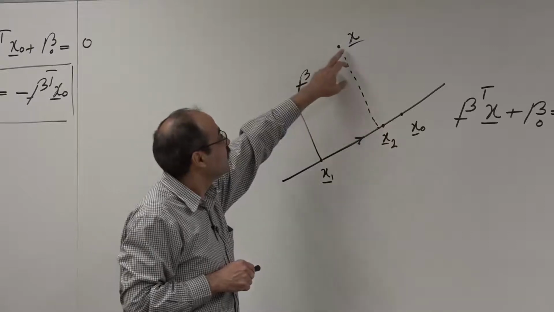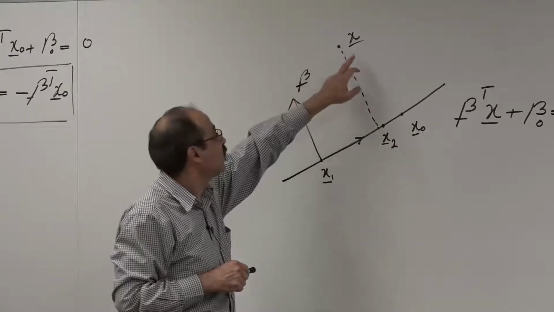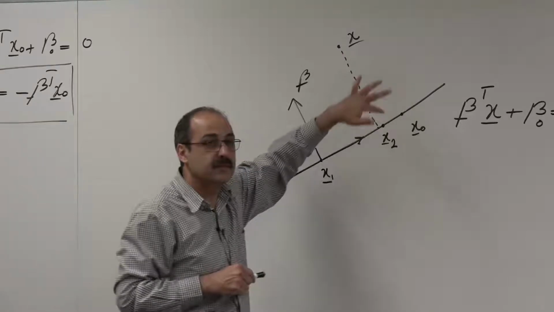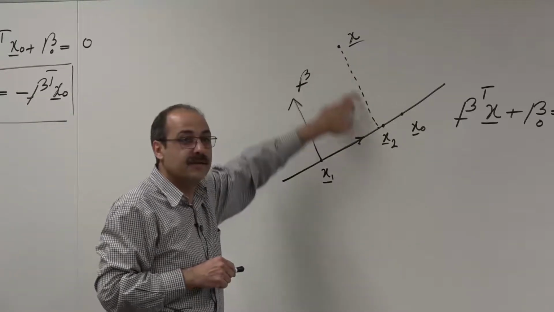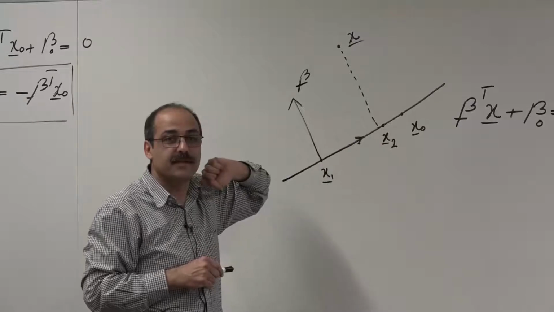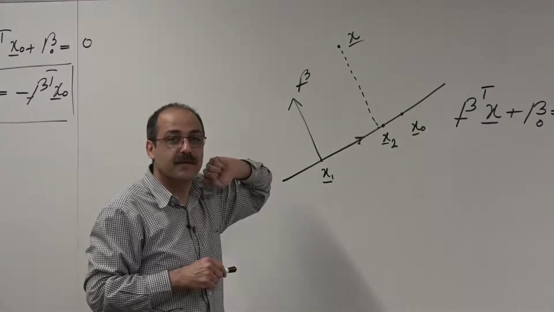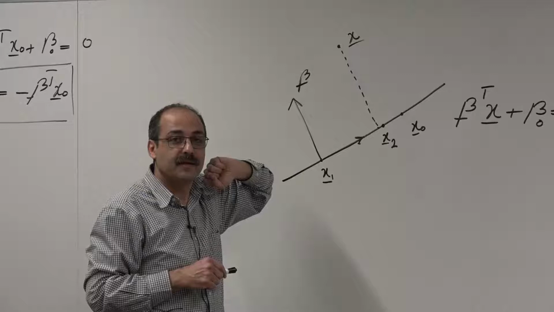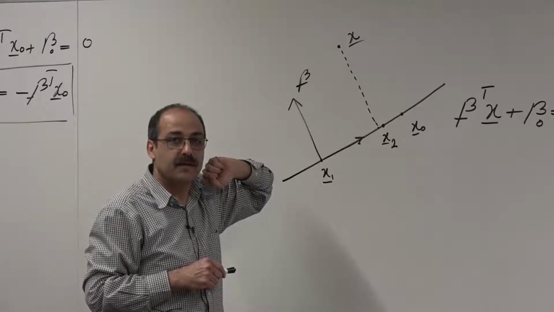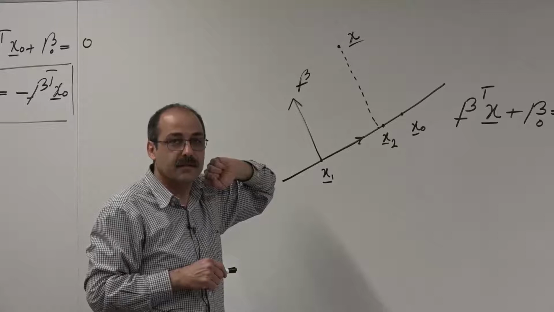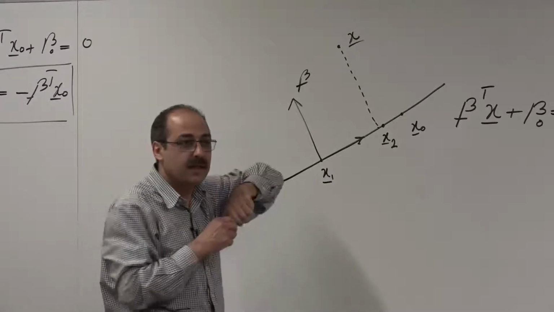Yes, but I need this. You can find the projection of the point on the hyperplane by moving along the direction beta. And then once we have the projection, we can compute the distance between those 2 points. Yes, exactly.